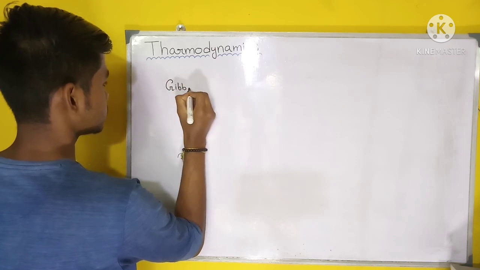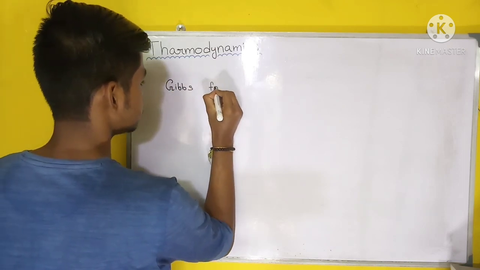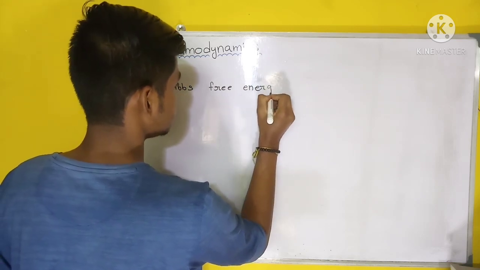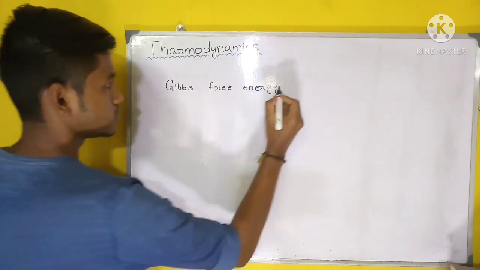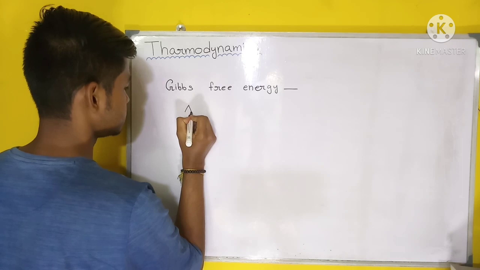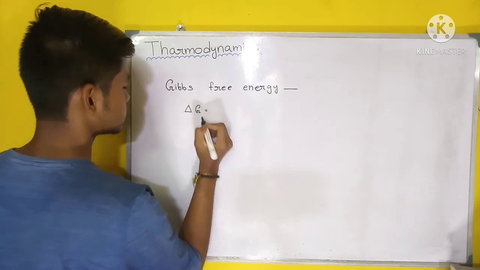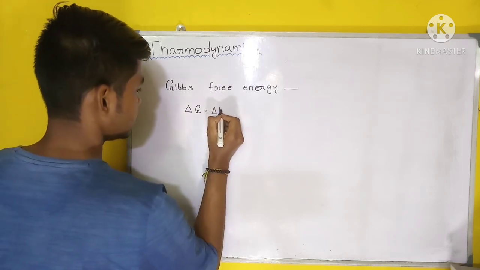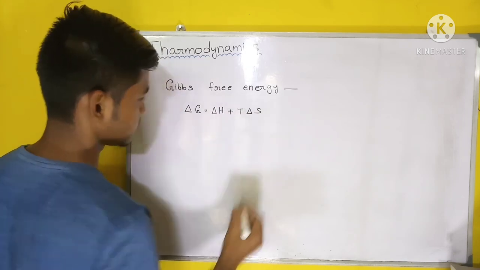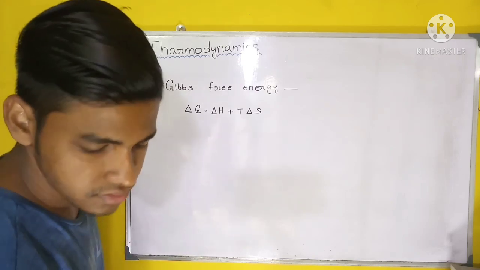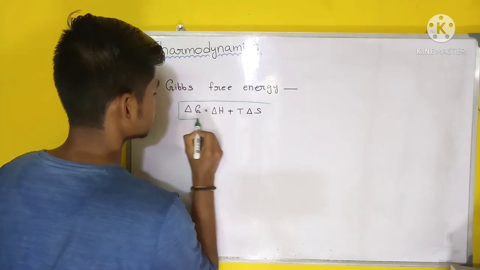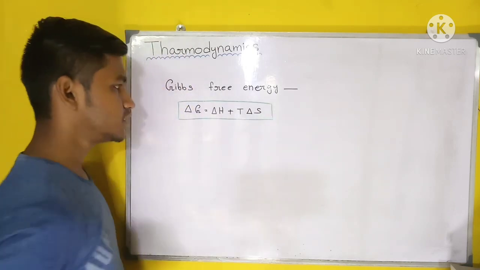The mathematical equation of Gibbs free energy is del G equals del H plus T del S. It is the mathematical equation of Gibbs free energy.